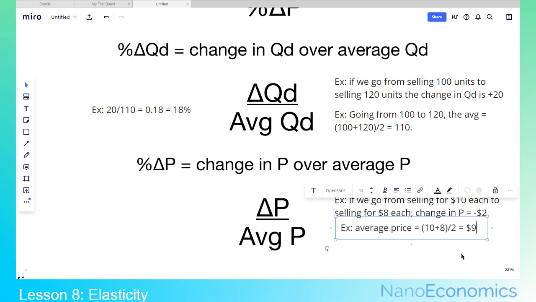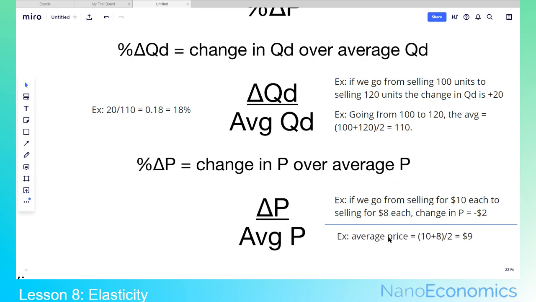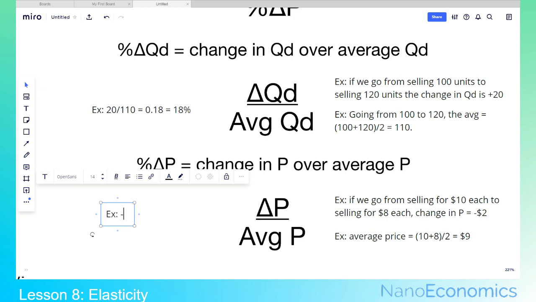So it's going to be negative 2 over 9, which is negative 0.2 repeating.